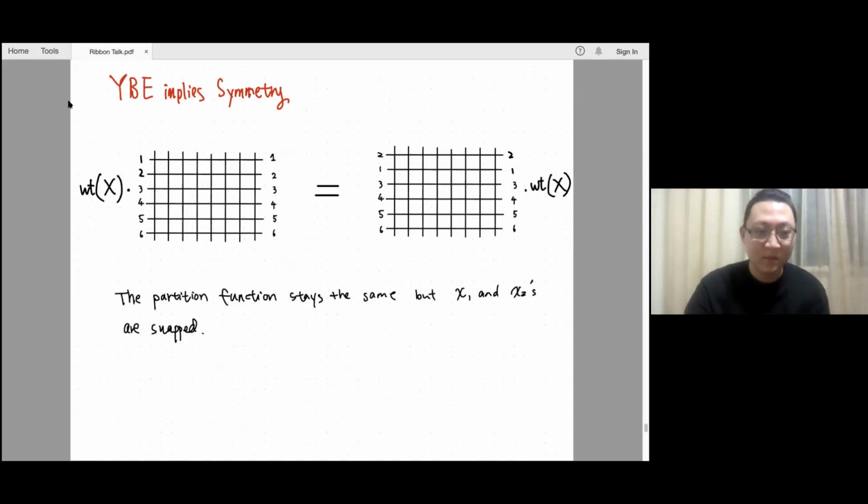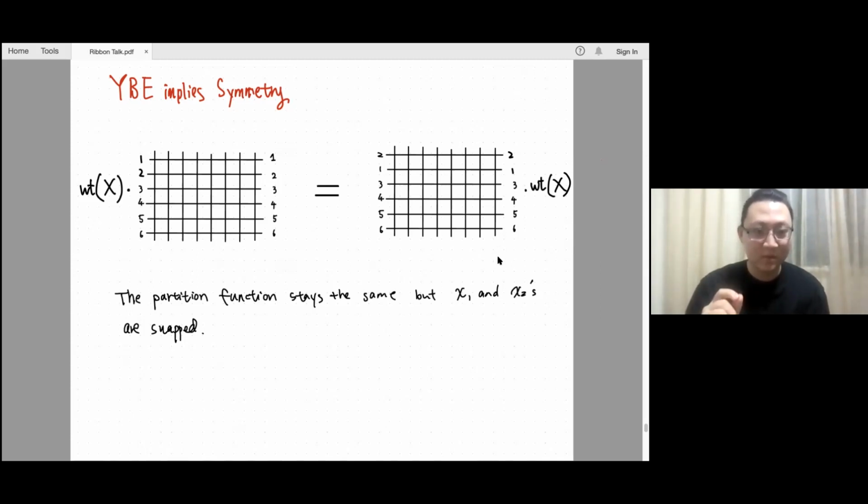And then we just take off that extra vertex, and they have the same weight, so we can cancel them out. Which means that the partition function of these 2 lattices with the first 2 row indices changed are the same. They have the same partition function.